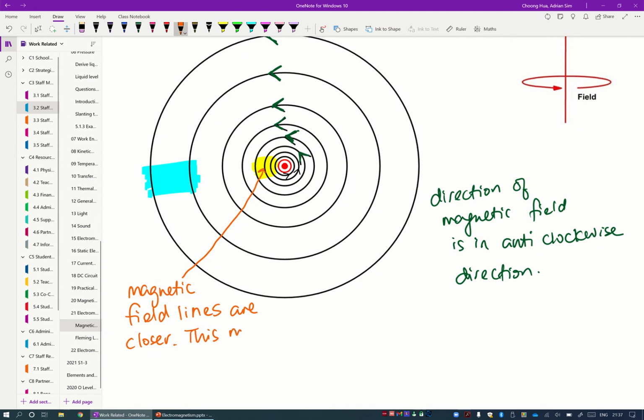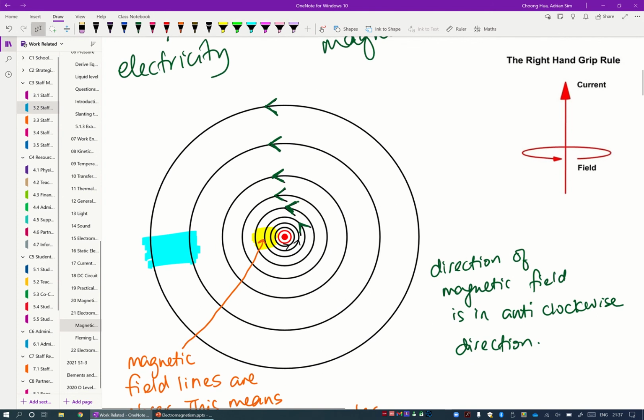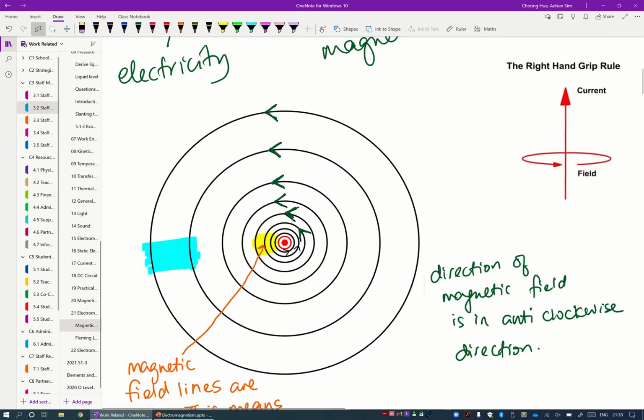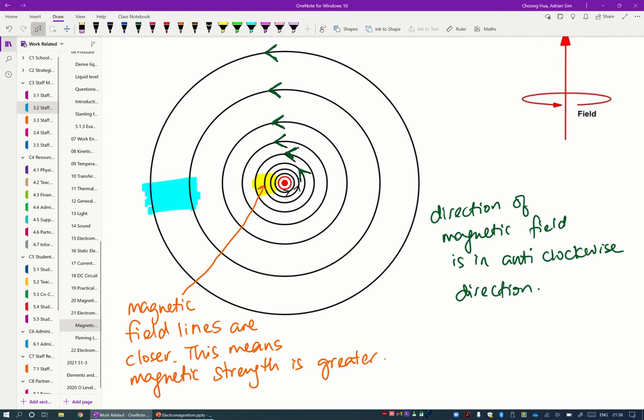This means magnetic strength is greater. However, for the ones marked in cyan, you realize that the magnetic field lines are spaced further apart, and hence the magnetic strength is weaker.